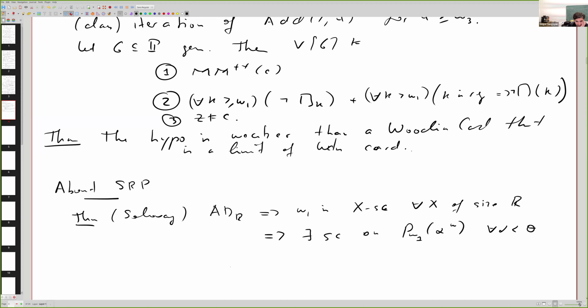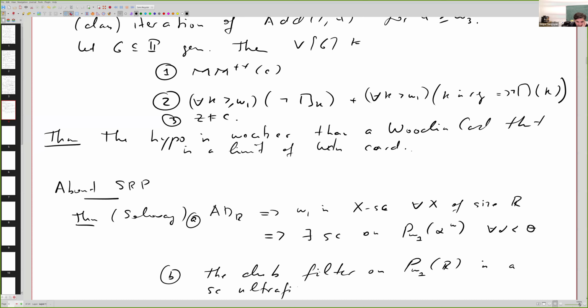In fact, he also proved, so let's call this A, D, there's the club filter on P_omega1(R) is a supercompactness measure. This means normal, fine, yeah.